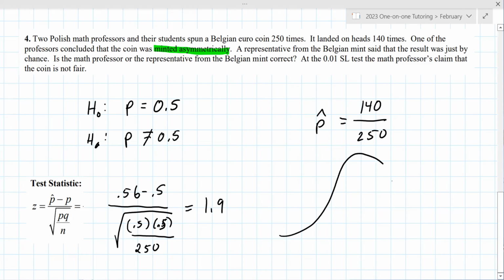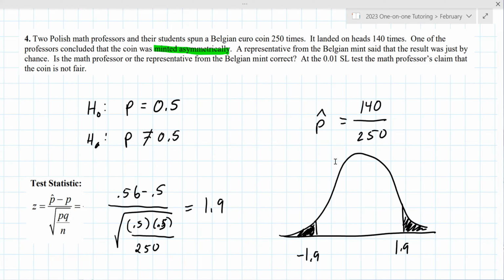Now, because it's a two-tailed test, you go to 1.9, but you also have to do the other side, meaning you just double the area. Do you remember that from class? If it's a two-tailed test, you have to double the area. Right, that was 1.9.